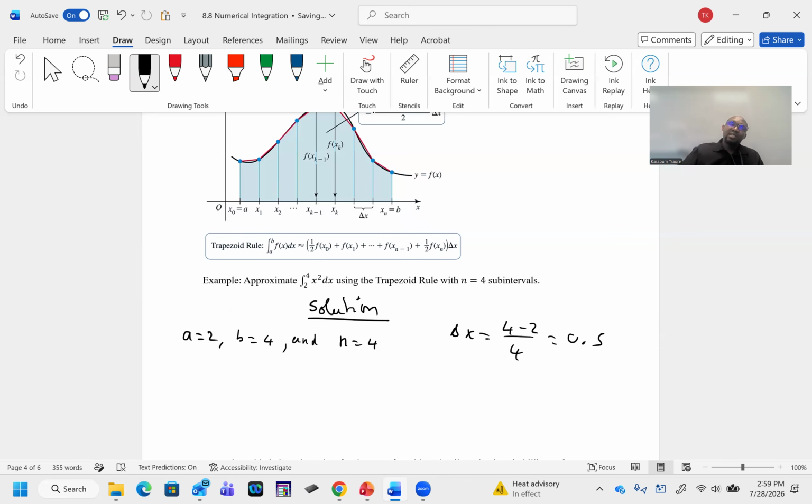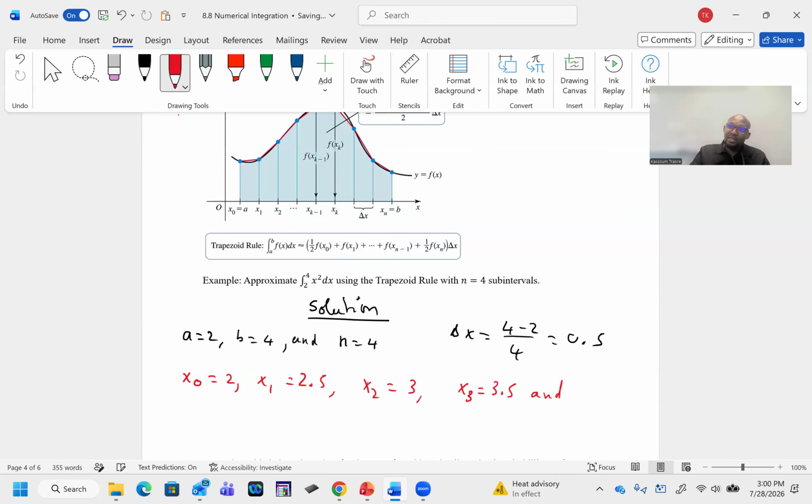So same thing, the grid points are what? x0, which will be 2, x1 will be, delta x is 0.5, so 2 plus 0.5 is 2.5. x2 is 3. x3 is 3.5.